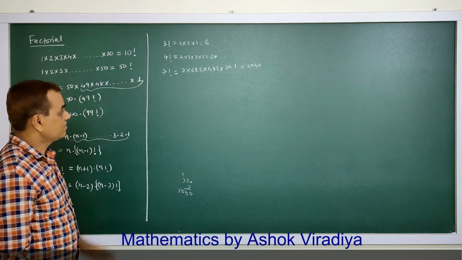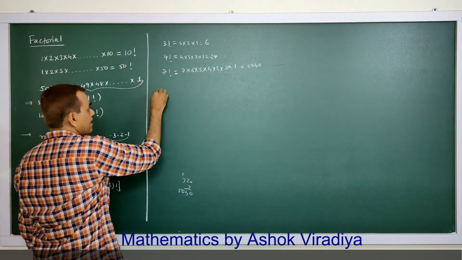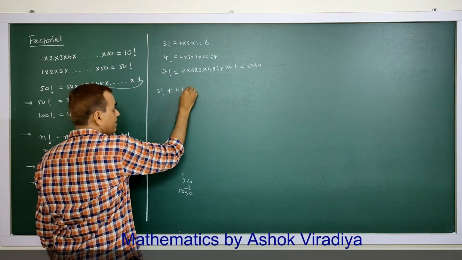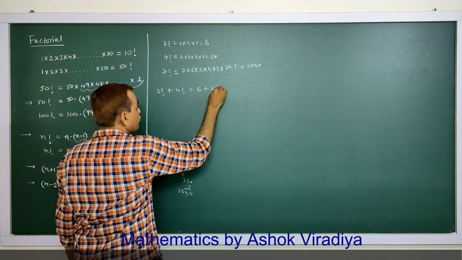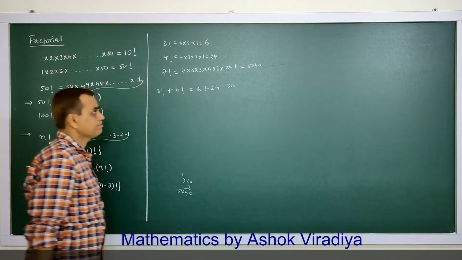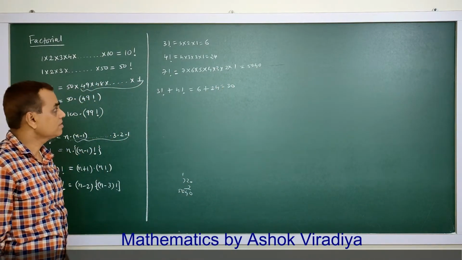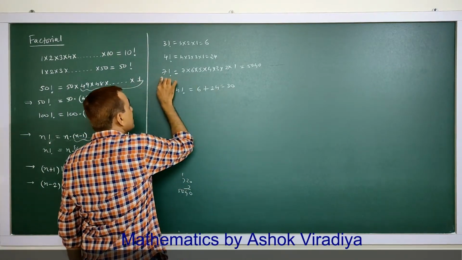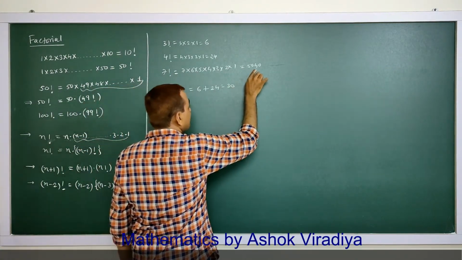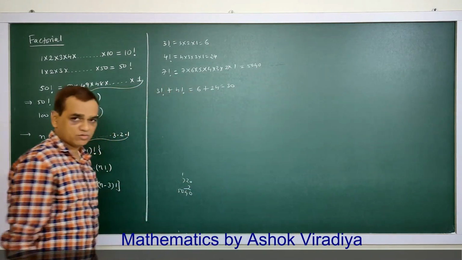Now look here, 3 factorial plus 4 factorial is 6 plus 24, this is 30. 3 factorial plus 4 factorial is 30 and 7 factorial is 5040.